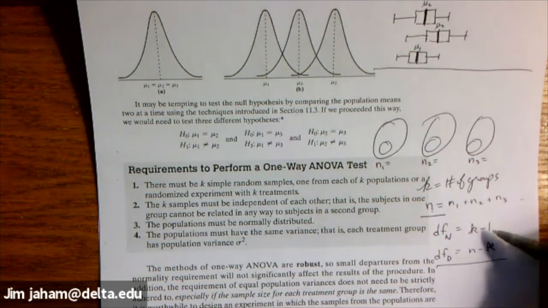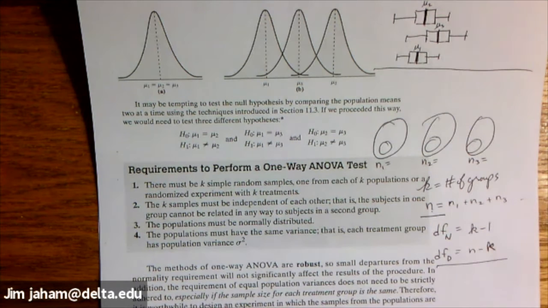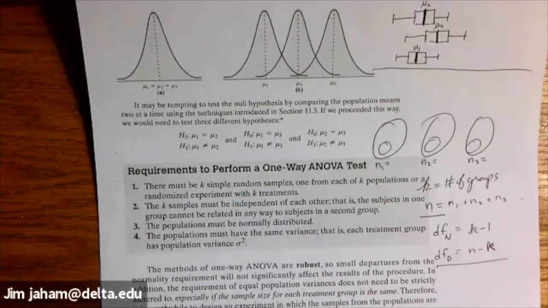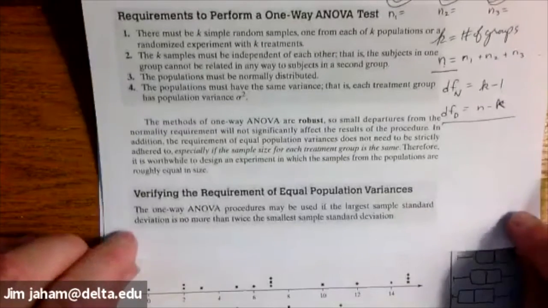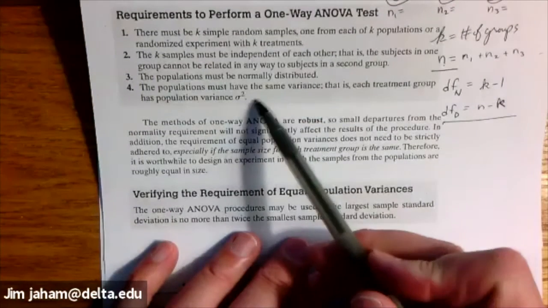So if you add these two, you'll get N minus 1, which is the degrees of freedom if you have a bigger size, for the two sample t-test, or the t-test with one mean.